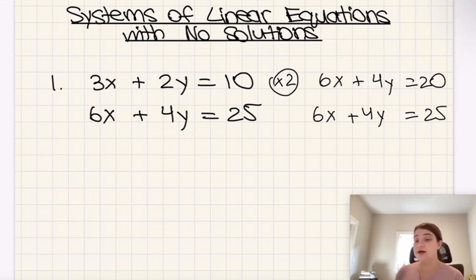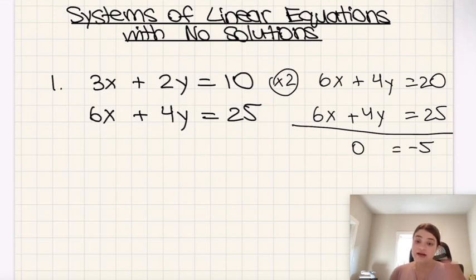You'll notice if we were to subtract these, we would get 0 on our left, because 6x cancels with 6x, 4y cancels with 4y, but 20 minus 25 is not 0, it's negative 5. And so we get something that's not true.